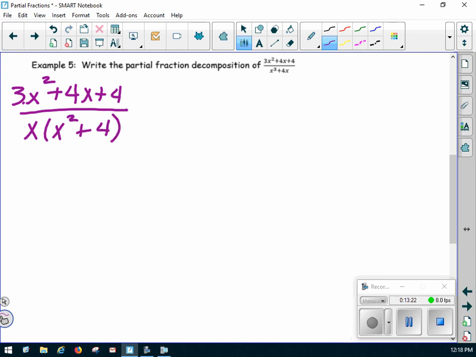Will x squared plus 4 factor further? Is that a difference of 2 squares? So it won't factor as x minus 2, x plus 2, will it? So we say that's factored completely. So now we're ready to move on.